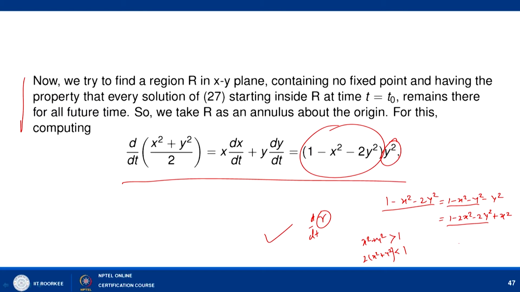But if we take the region where x square plus y square is less than 1 and greater than 1 by 2, what should be the behavior here? So, we take our region bounded by circles of radius 1 by root 2 and 1.